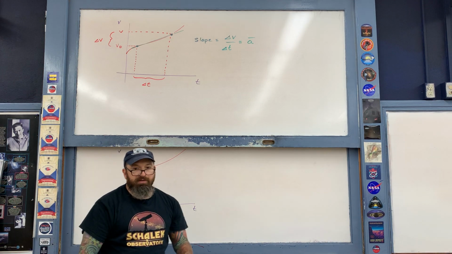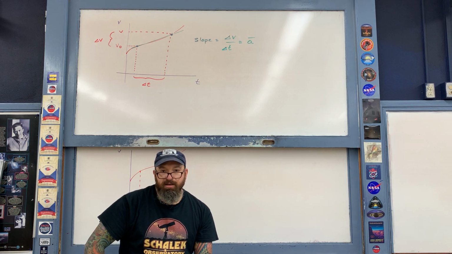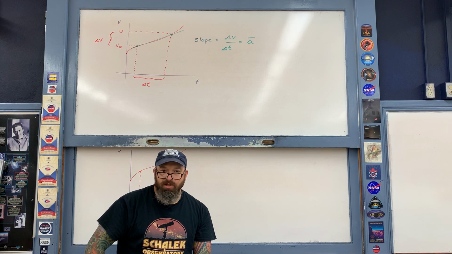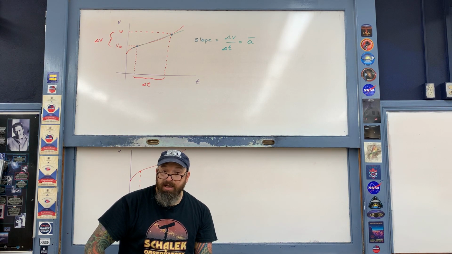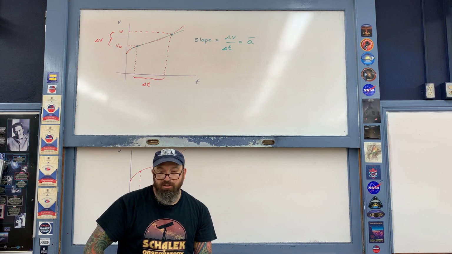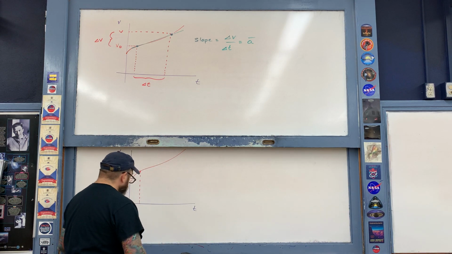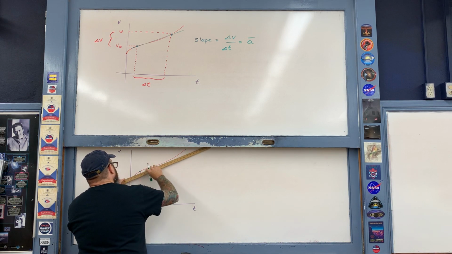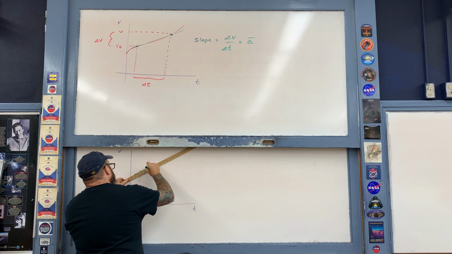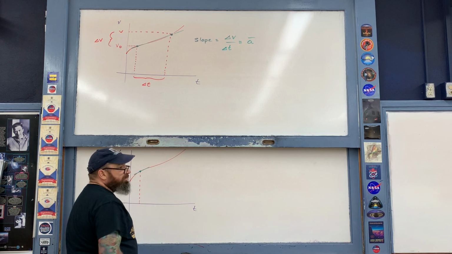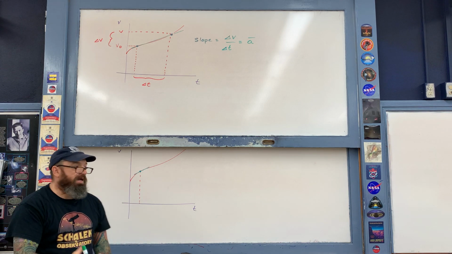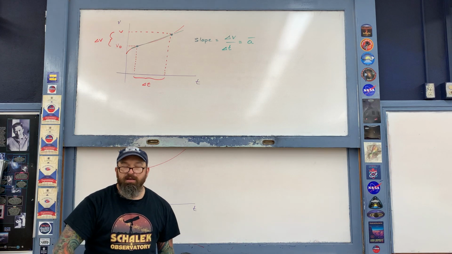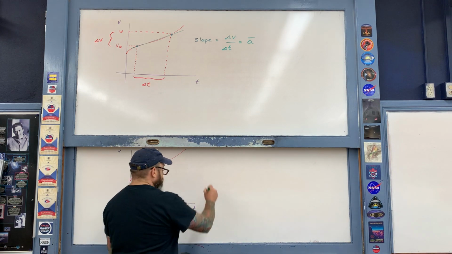If I know exactly how the velocity is changing at that instant, I then have a description of the instantaneous acceleration. We're once again calculating the slope of a line, but in this case it's a line that is tangent to the curve. It only intersects the curve at that point. That looks like this. Like so. The slope of this green line here indicates to us exactly how the red velocity is changing right here at this instant. The slope of that line is then therefore the instantaneous acceleration.